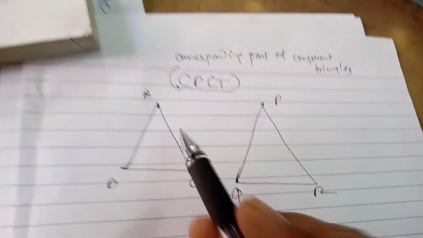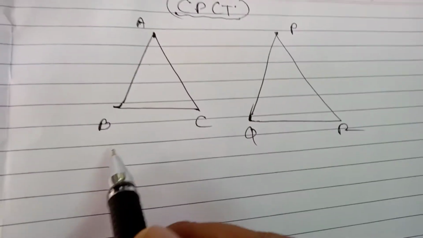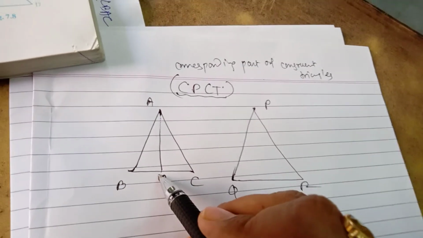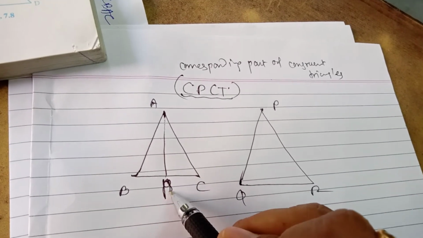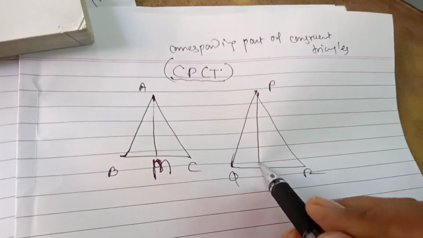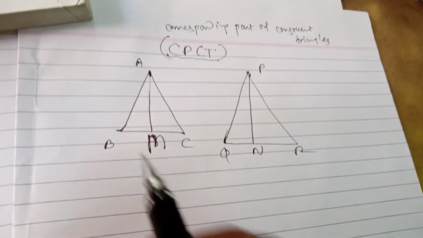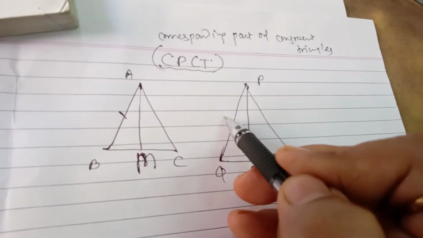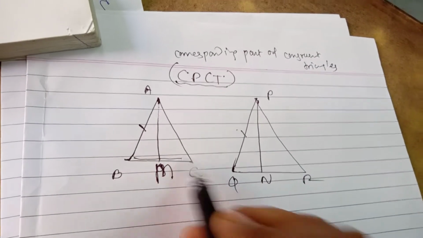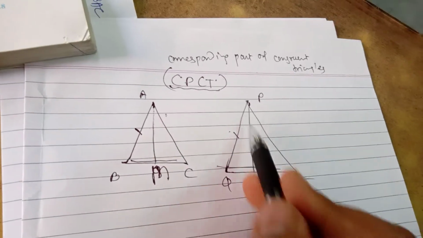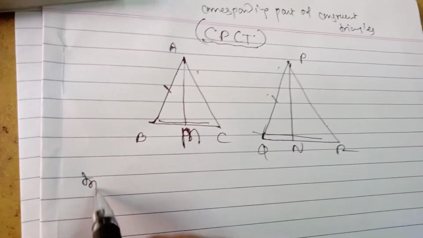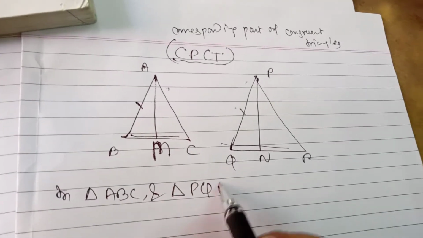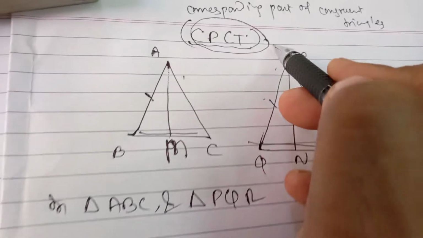Now suppose ABC and PQR, and here it is given AM, and here it is PN. So if we are given that AB is equal to PQ, BC is equal to QR and AC is equal to PR in triangle ABC and triangle PQR, I am explaining to you the meaning of CPCT and where we will use it.